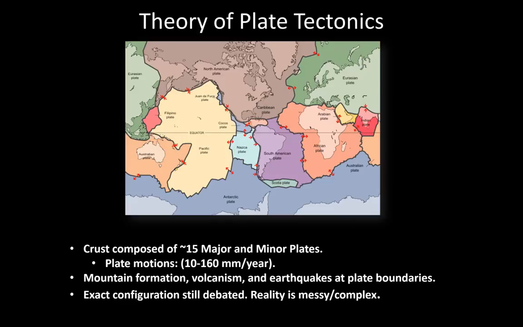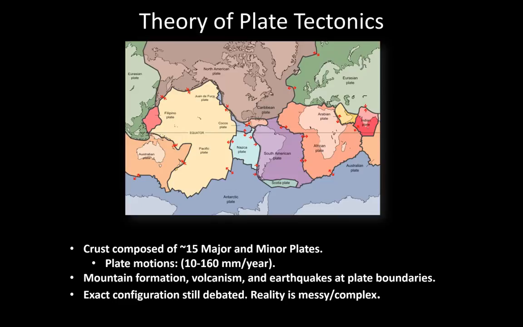And that gives us a view of the world that looks something like this, in which the Earth's crust is composed of about 15 major and minor tectonic plates that are in constant motion. They don't move particularly quickly, perhaps 10 to 160 millimeters a year. I've heard this described as moving at about the same speed as your fingernails might grow. So we don't necessarily see them moving.